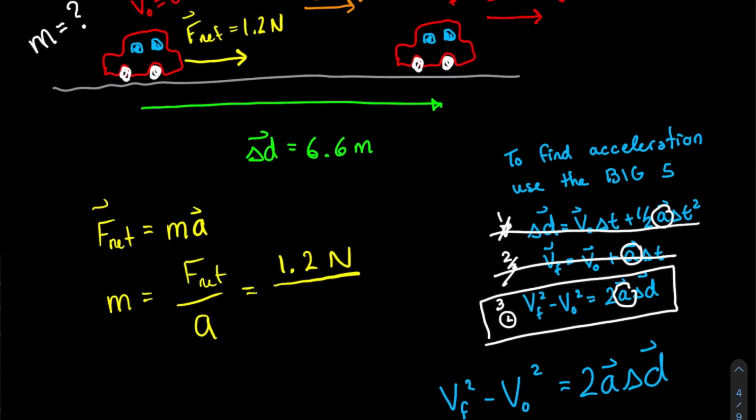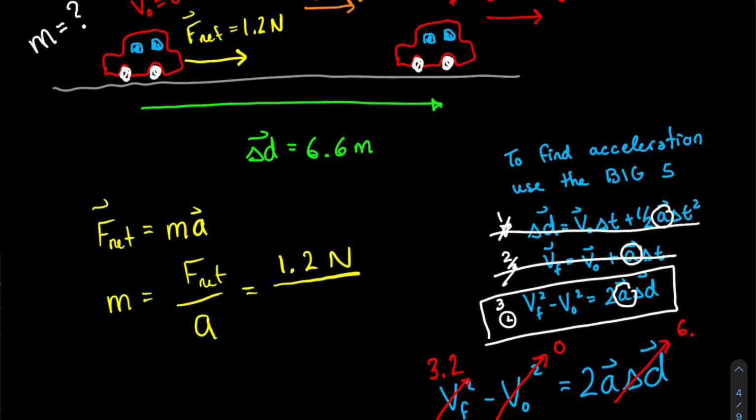And in this question, we had that the initial velocity was 0 because it starts from rest. The final velocity is positive, pointing to the right, so it's 3.2. Our acceleration is what we're trying to find, but the displacement is positive, pointing to the right, so we're going to replace it by 6.6.